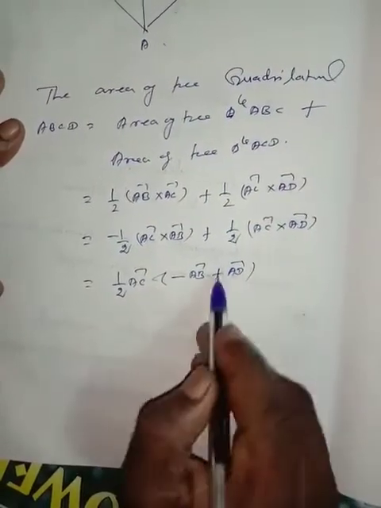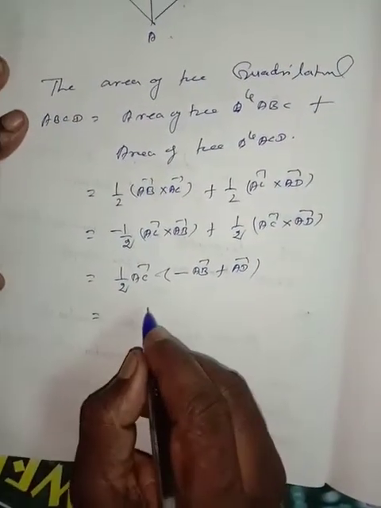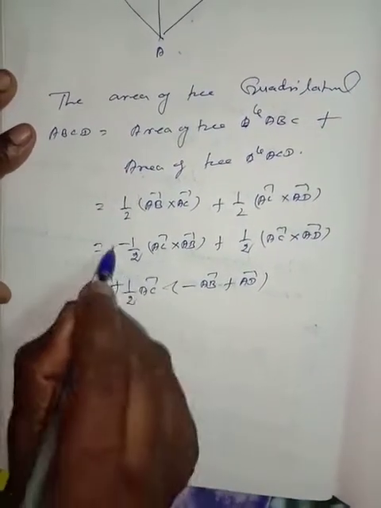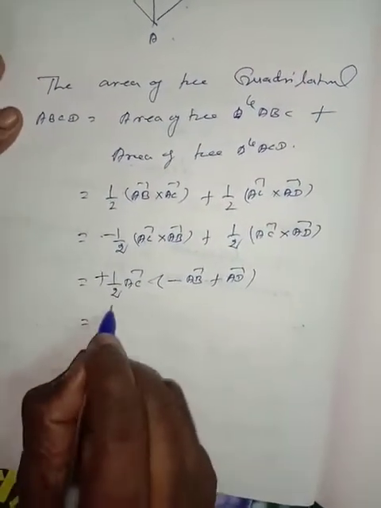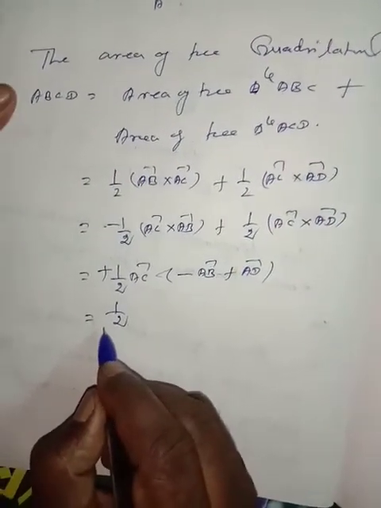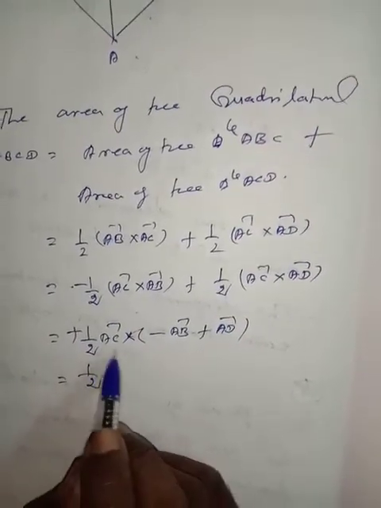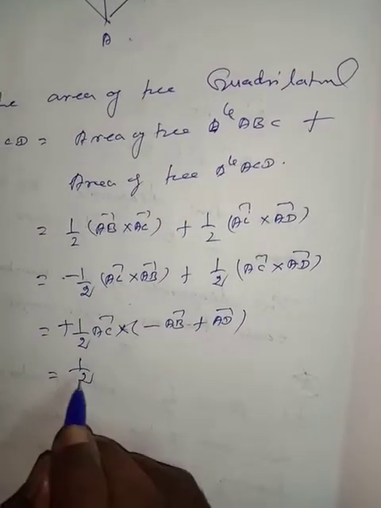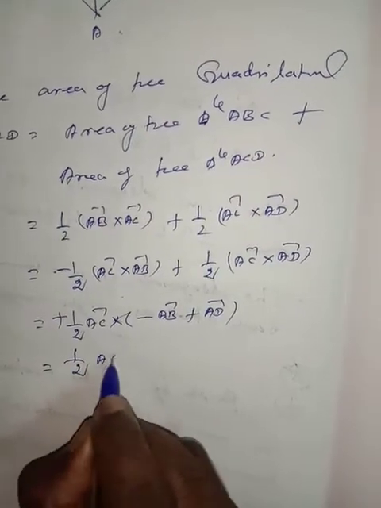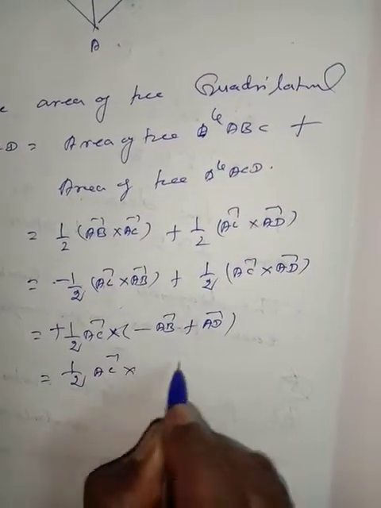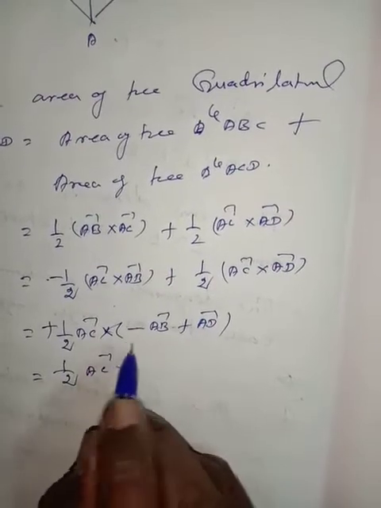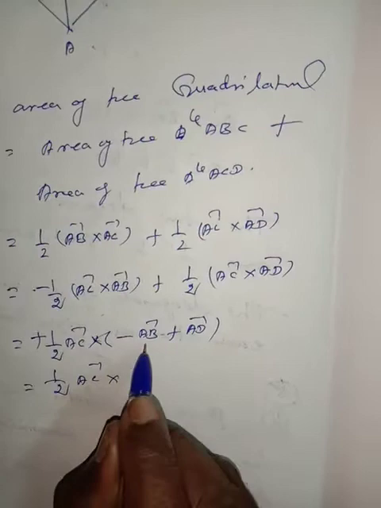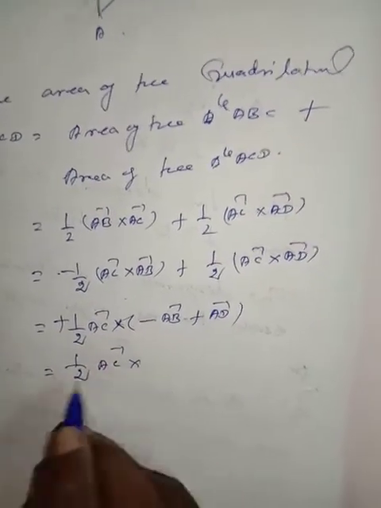Interchanging these two, minus AB into BA, one negative sign into another negative sign gives positive.